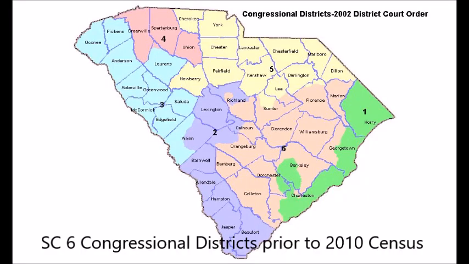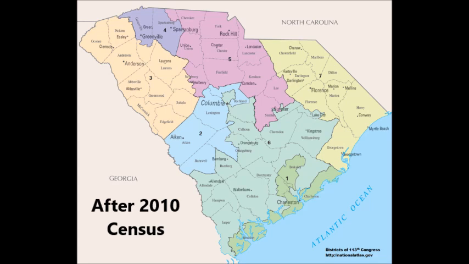South Carolina, as a result of the 2010 census, showed an increase in population, thus earning a 7th seat in the House. The district then had to be redrawn. So the state of South Carolina's congressional districts had to be redrawn on our map. And it was redrawn to establish a 7th district.